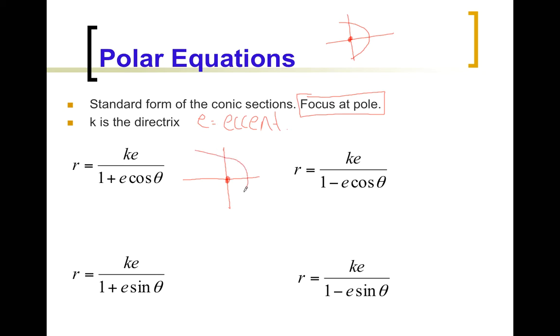This is the direction that this particular conic section moves. It could be a parabola, it could be a hyperbola, where the other side's out here. It could be an ellipse where it goes in this direction, short and fat. And out here is x equals k, the directrix. And you might guess that since the plus cosine goes this way, the minus cosine is the other direction. And you'd be right.